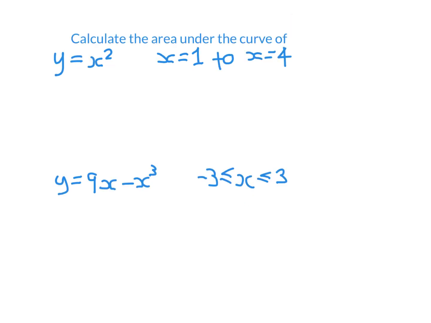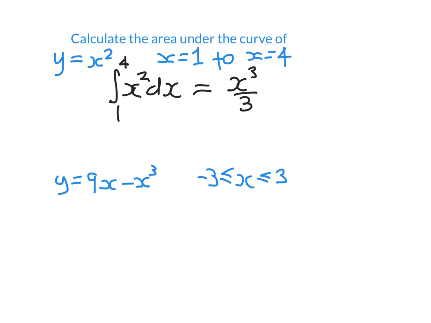So let's say I want to find the area under the curve of y equals x squared between x equals 1 and x equals 4. So to find the exact area, rather than needing to do all the rectangles, we can just go the integral from 1 to 4 of x squared with respect to x. So we know the antiderivative of x squared is just x cubed on 3.